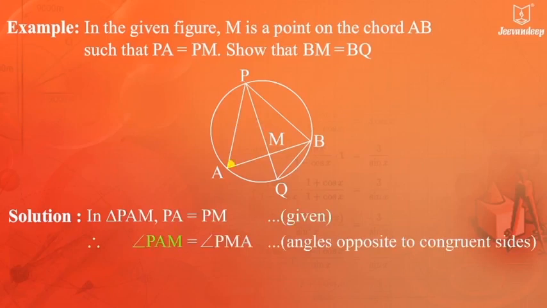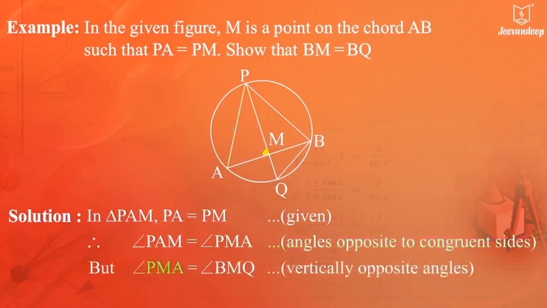Therefore, angle PAM equals angle PMA, being the angles opposite to congruent sides. But angle PMA equals angle BMQ, being vertically opposite angles.